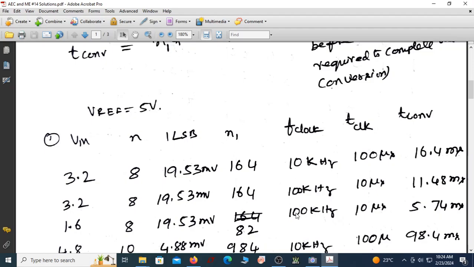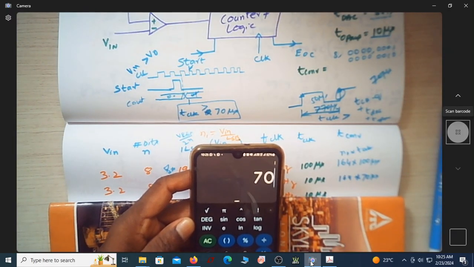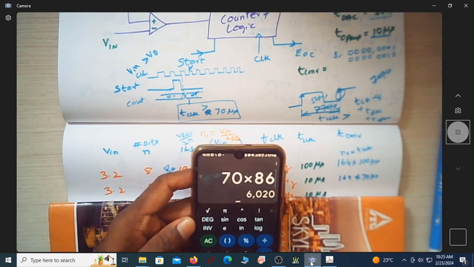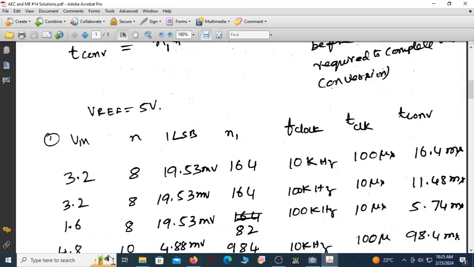Since the clock frequency is 100 kHz, the clock period is 10 microsecond. Since this 10 microsecond is less than 70 microsecond, the time is actually 70 microsecond into 82.